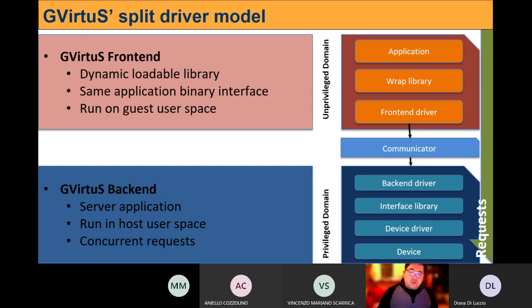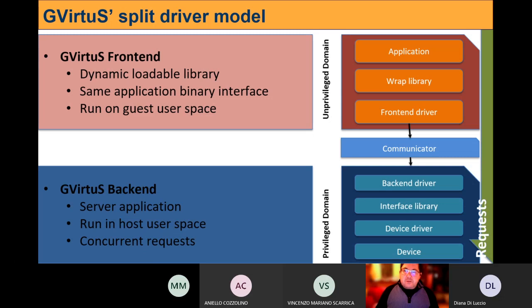For example, it's possible to install the GVirtuals backend on an Amazon virtual machine enabled using pass-through to use GPU devices, and then use a local machine that interacts with the remote machine in order to consume GPU computing power.